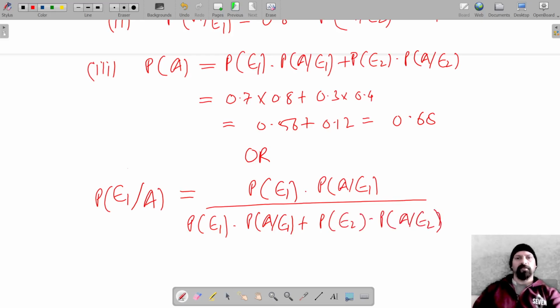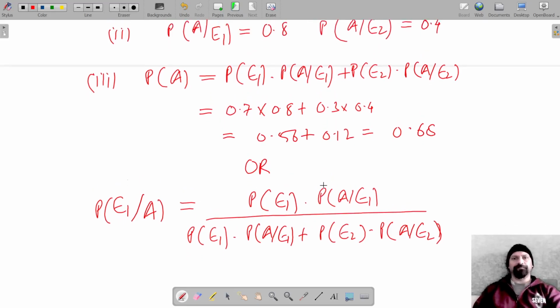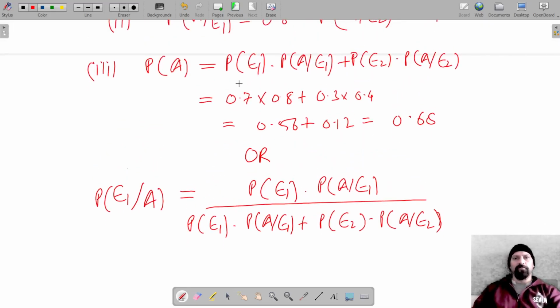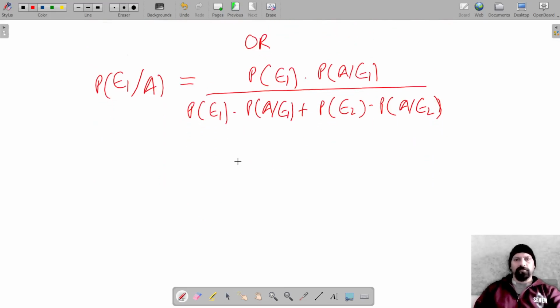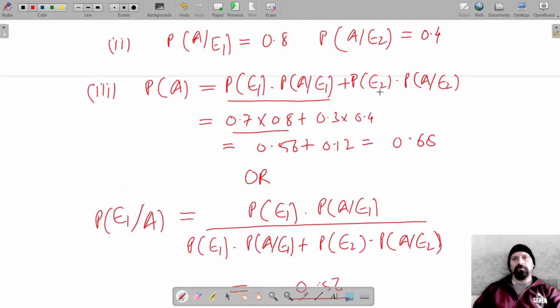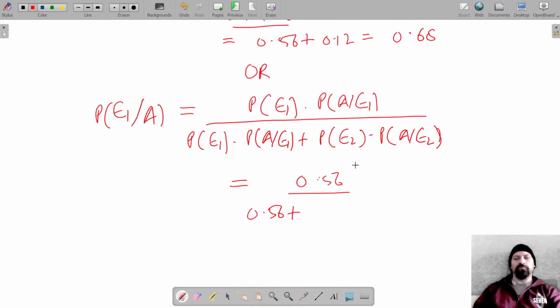Okay, let's put in the respective values. Probability of E1 into probability of A by E1 is 0.56, so this is 0.56 upon 0.56 plus probability of E2 into probability of A by E2, which is 0.12.